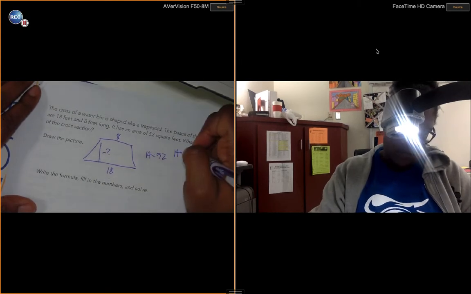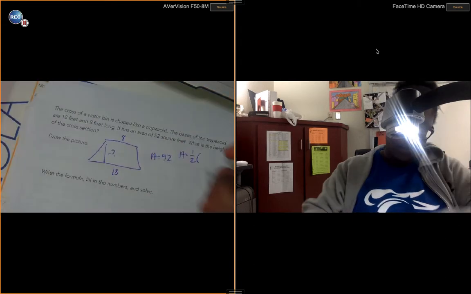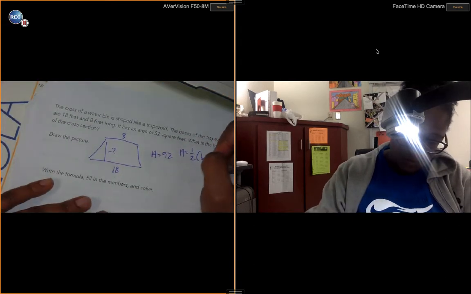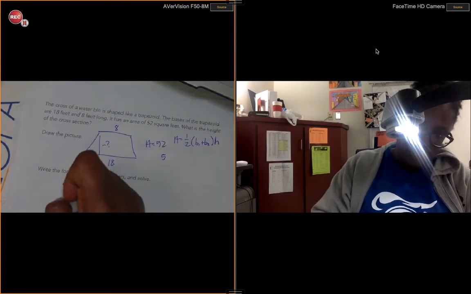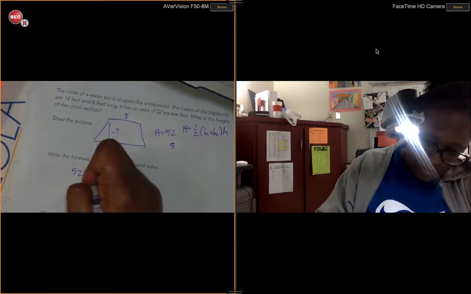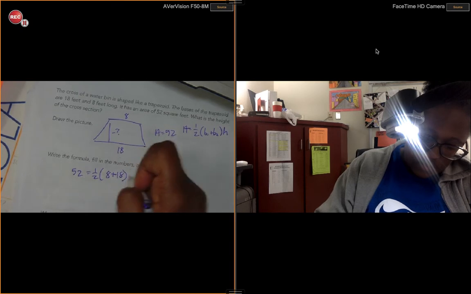So my formula, which remember I don't have to memorize because I'm looking right at this orange sheet, is 1/2 times base 1 plus base 2 times height. So we have 52 equals 1/2 times (8 plus 18), and then we're looking for our height.